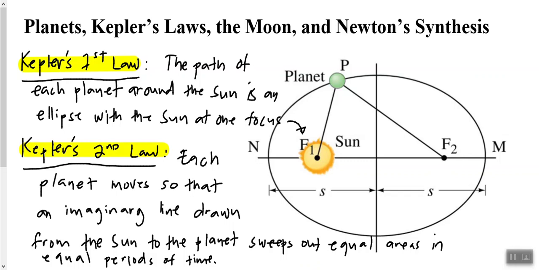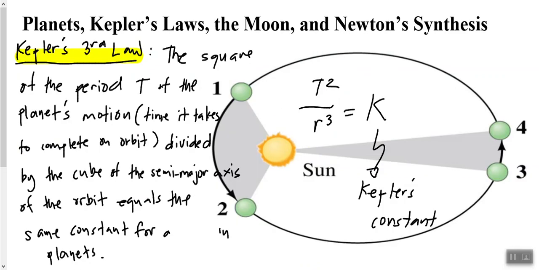So you have the first law, the second law, and the third law. Isaac Newton was able to show that Kepler's laws could be derived mathematically from his law of universal gravitation and the three laws of motion.